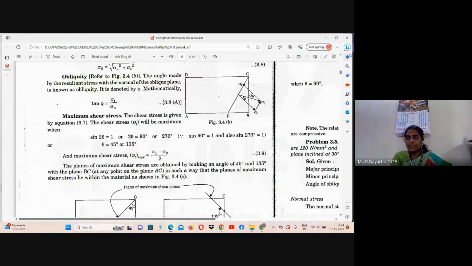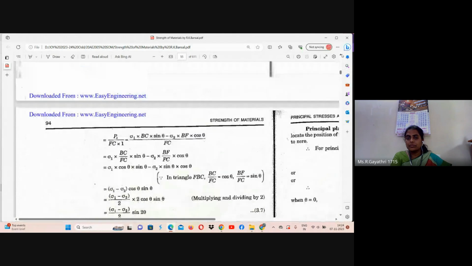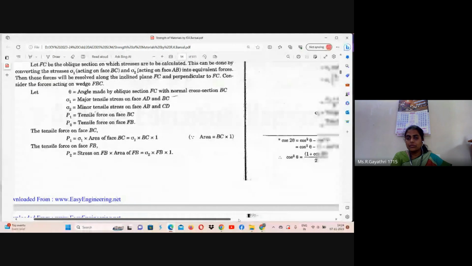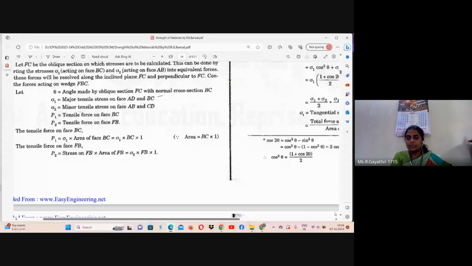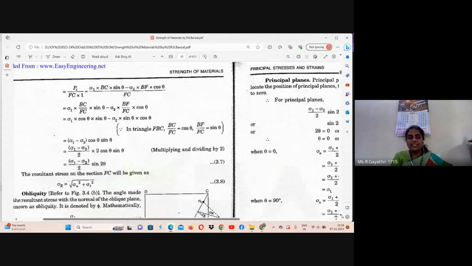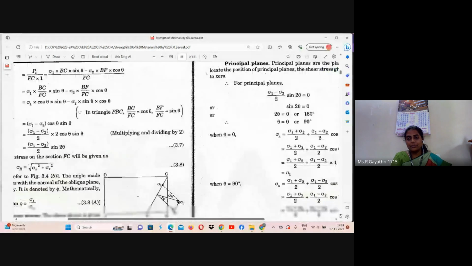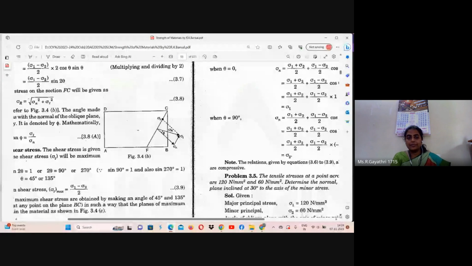So if you substitute sigma t is equal to sigma 1 minus sigma 2 by 2 sine 2 theta, sine 2 theta value is 1.